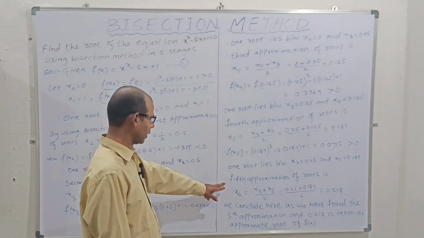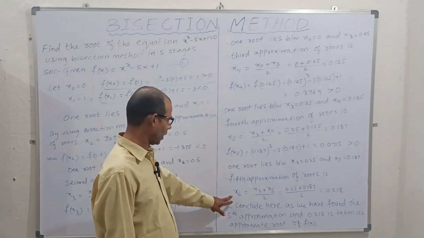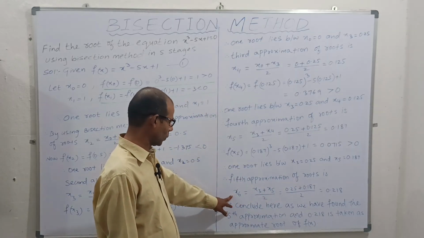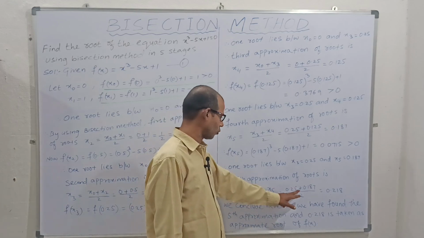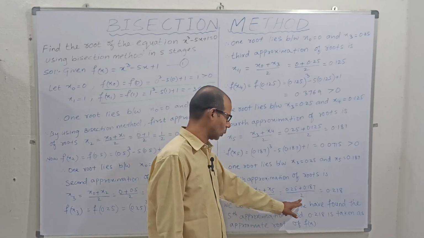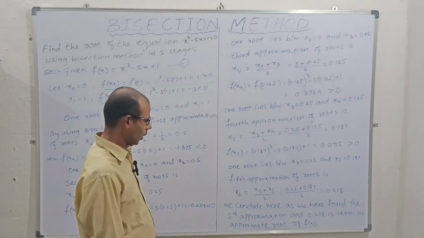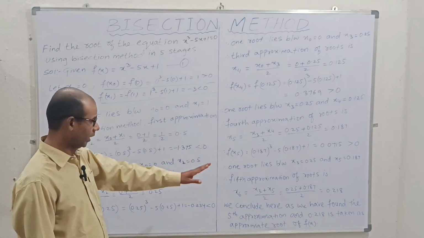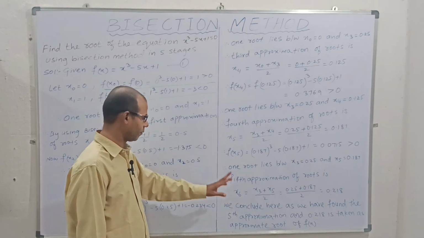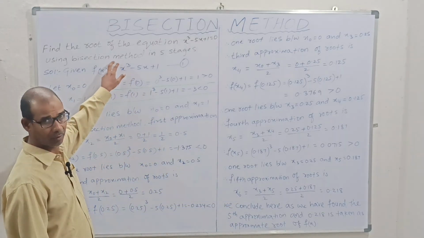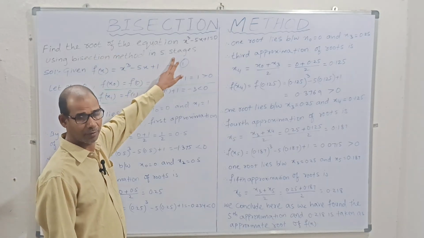Now we go for the fifth approximation of the root. So we have x6 equals x3 plus x5 by 2, that is 0.25 plus 0.187 by 2. So we get 0.218. Here we are concluding, as we found the fifth approximation, because the question asked us to do up to only 5 stages.